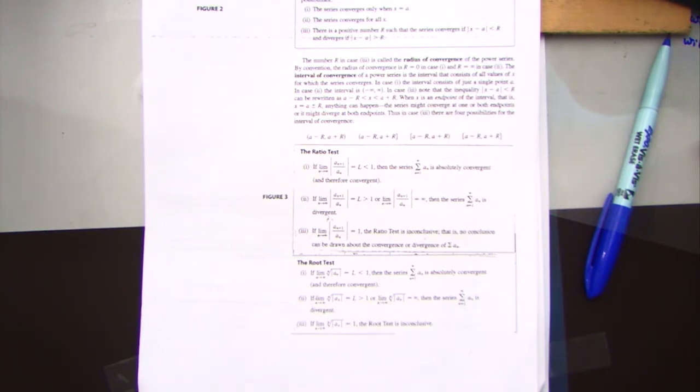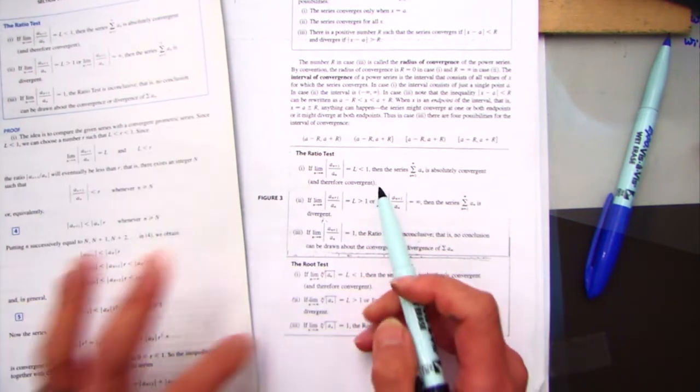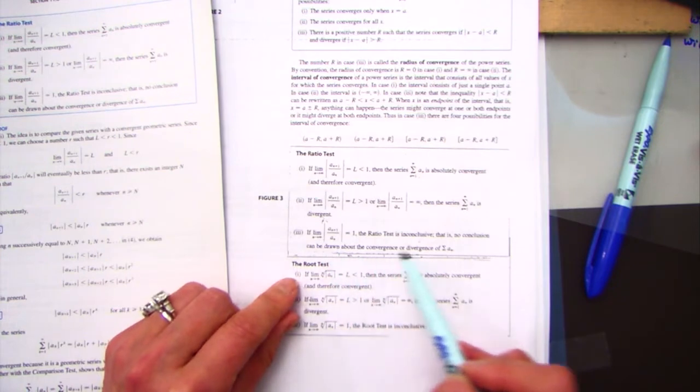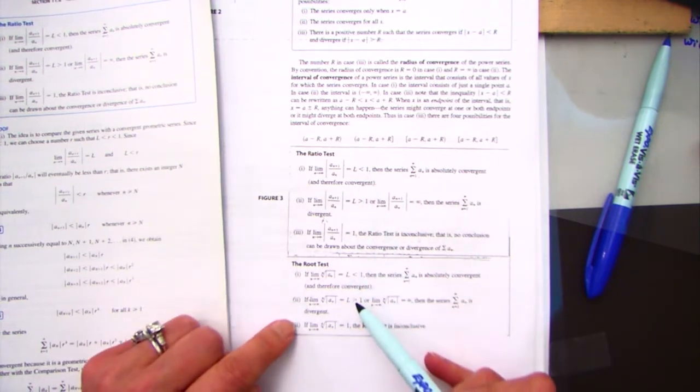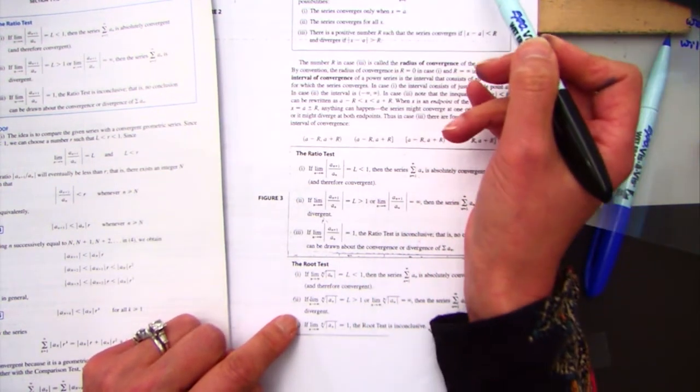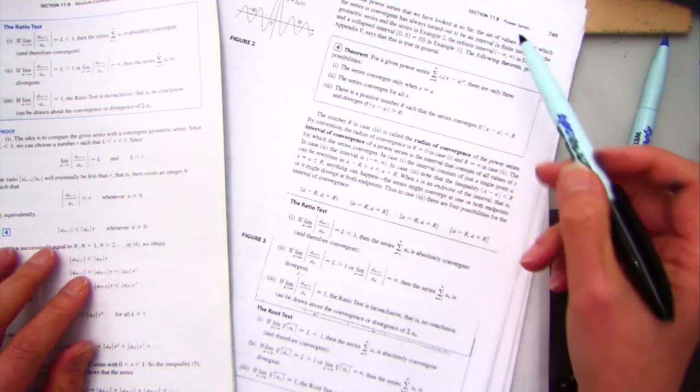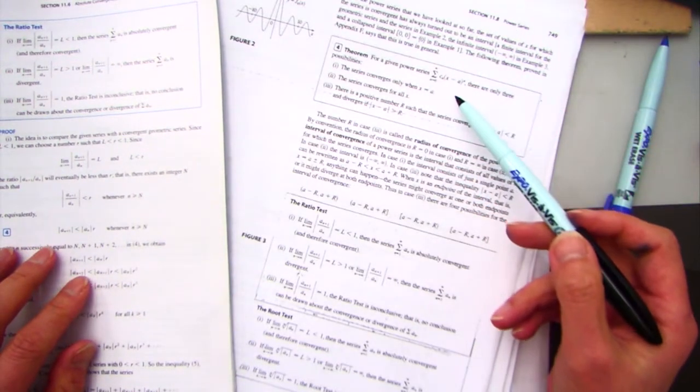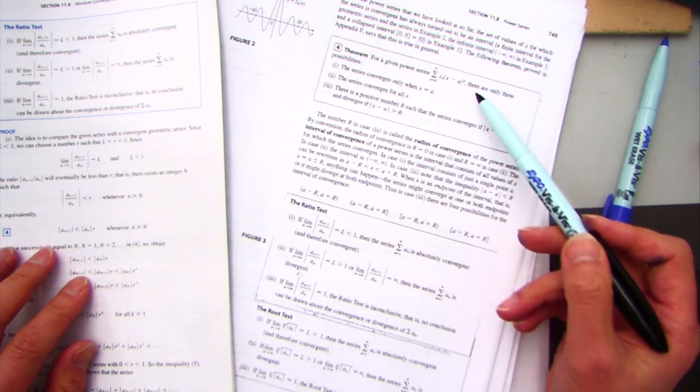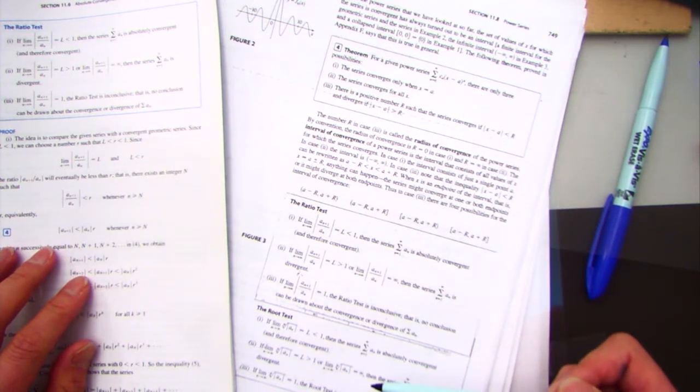Okay, come back in. I have given you the details of the ratio test as well as the root test in your handouts, the stack I gave you before spring break, followed by the definition of power series, ratio test and root test.